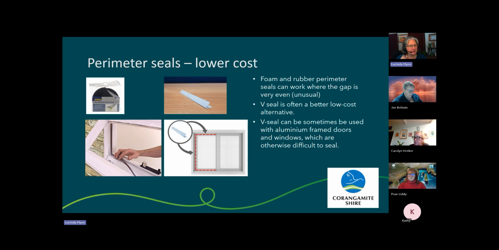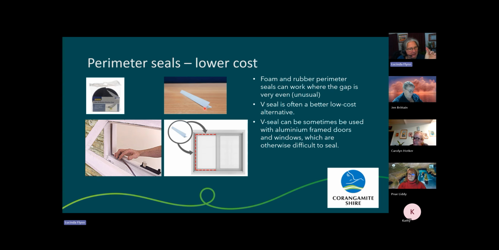So you can either go and cut little bits and try and get it right, or you can use this sort of product. This is called a V-seal. The reason that can work better is because it still has a self-adhesive side. So it's still cheap, and you buy it in a roll and you can put it on.